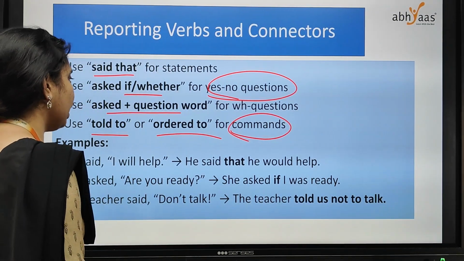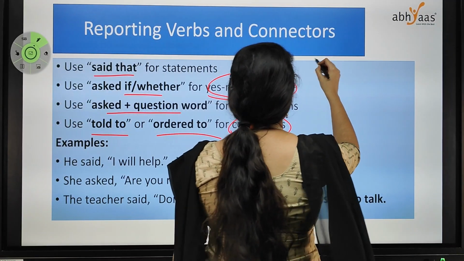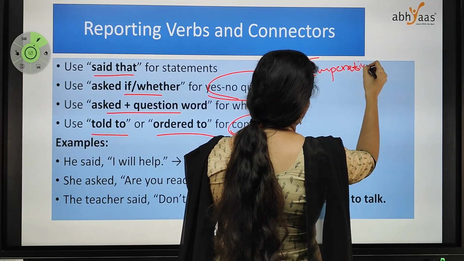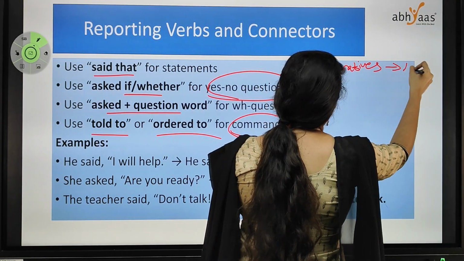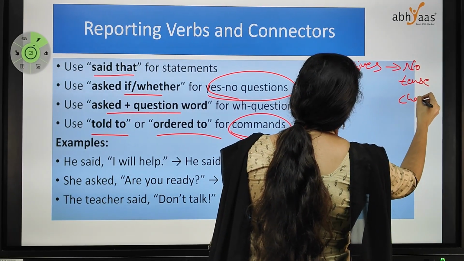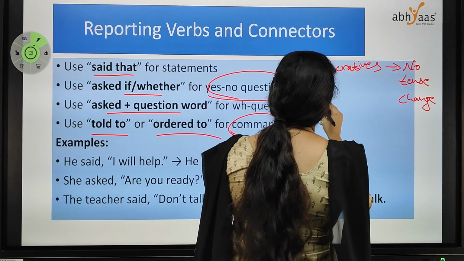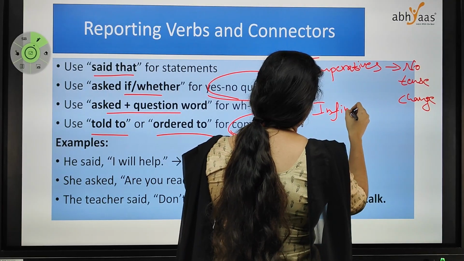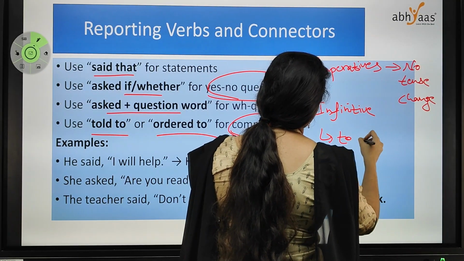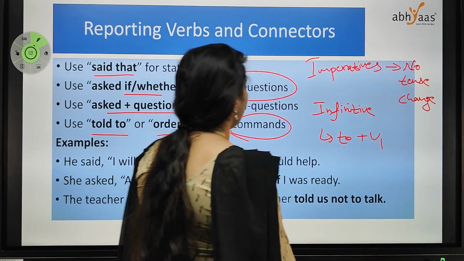And remember that when it comes to imperatives, there would be no tense change. In fact, we will be using infinitives. What are these infinitives? Infinitives are nothing but "to" plus V1.